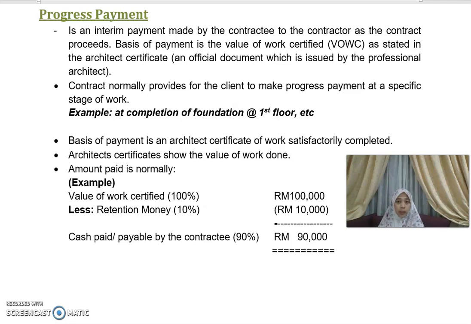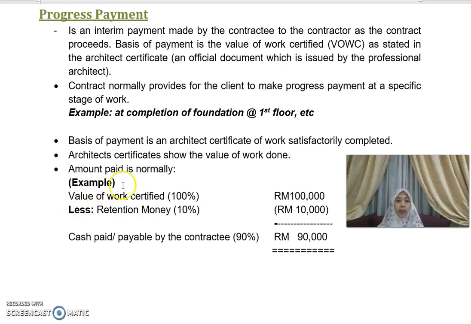For example, the total contract amount is, let's say, 10 million. Then at stage 1, you want the customer to pay you 20% of it. So based on the architect certificate, that is how much they need to pay. The amount that has not yet been paid is known as the retention money.